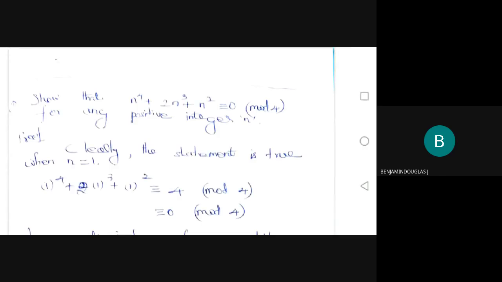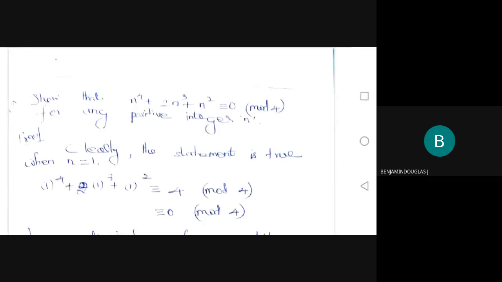Then we prove it for n equal to k plus 1. If you prove the case k plus 1, then this congruence is true for any positive integer n. That is the procedure for the method of induction.